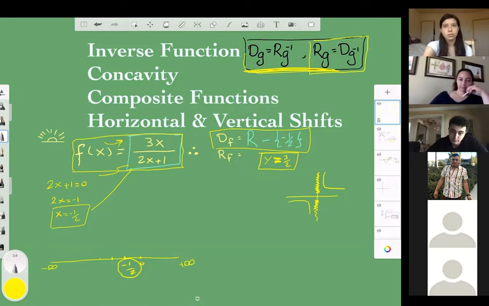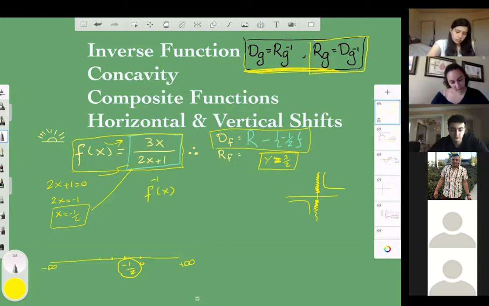Again, for the domain, we have techniques to follow. For the range, there are no techniques. I mean, you can graph it and then look at the value of y, but you need to have a great graphing calculator. But in order to find the range, we need to find f inverse of x.